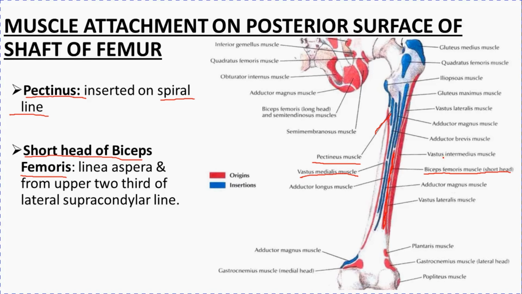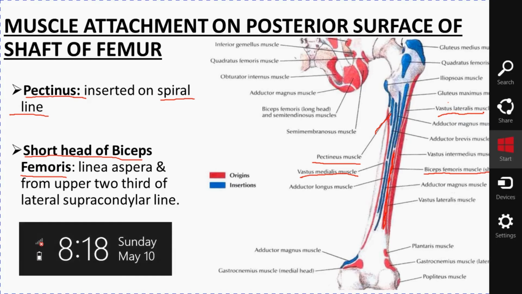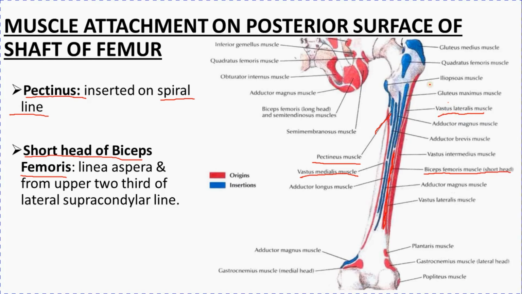The vastus lateralis arises from the lateral lip, the gluteal tuberosity, and the whole length of the linea aspera. Then you have three adductor muscles. Then you have the gluteal tuberosity, which gives attachment to the gluteus maximus muscle. Look over here, this is the gluteus maximus muscle.